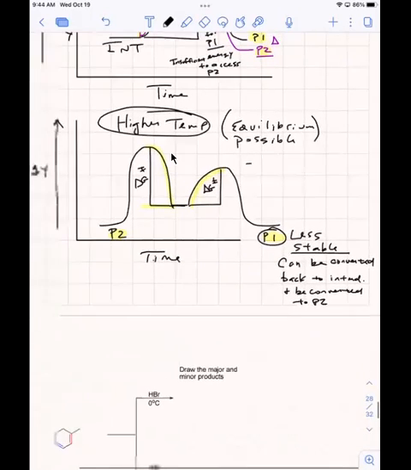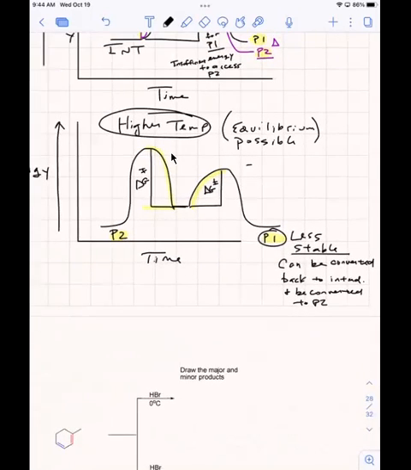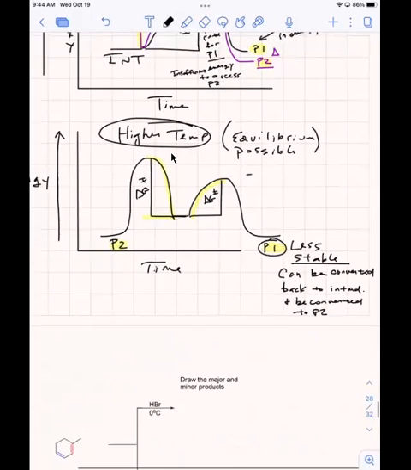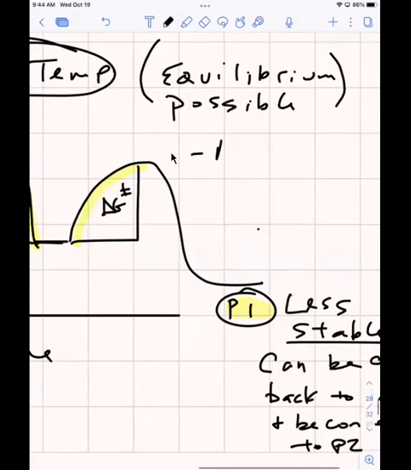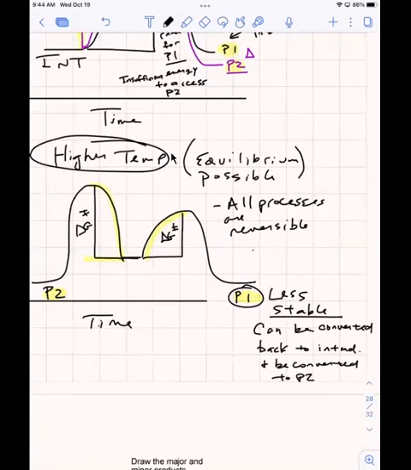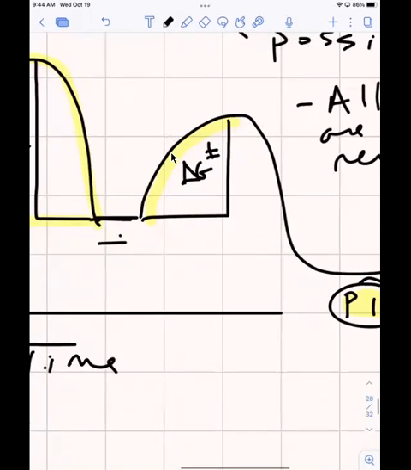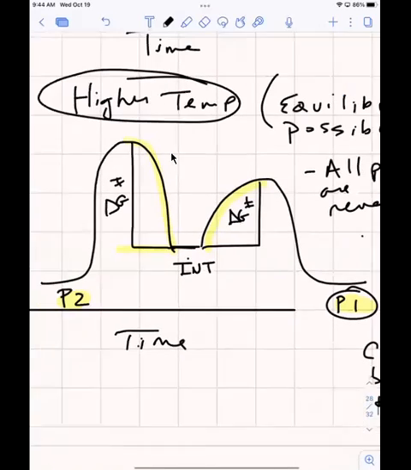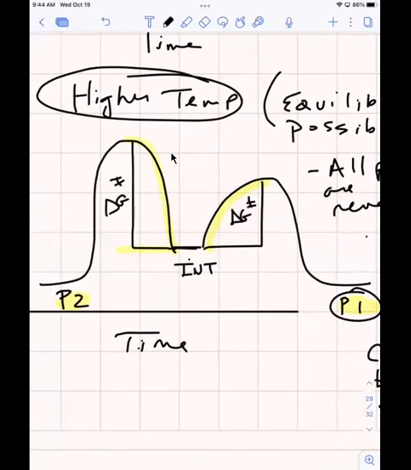Right? So that's the difference. At higher temperatures, even if you have a less stable product, everything is reversible. Right? So you can go from P1 back to the intermediate, which is here in the middle. And then you can go from the intermediate to the more stable P2 product.